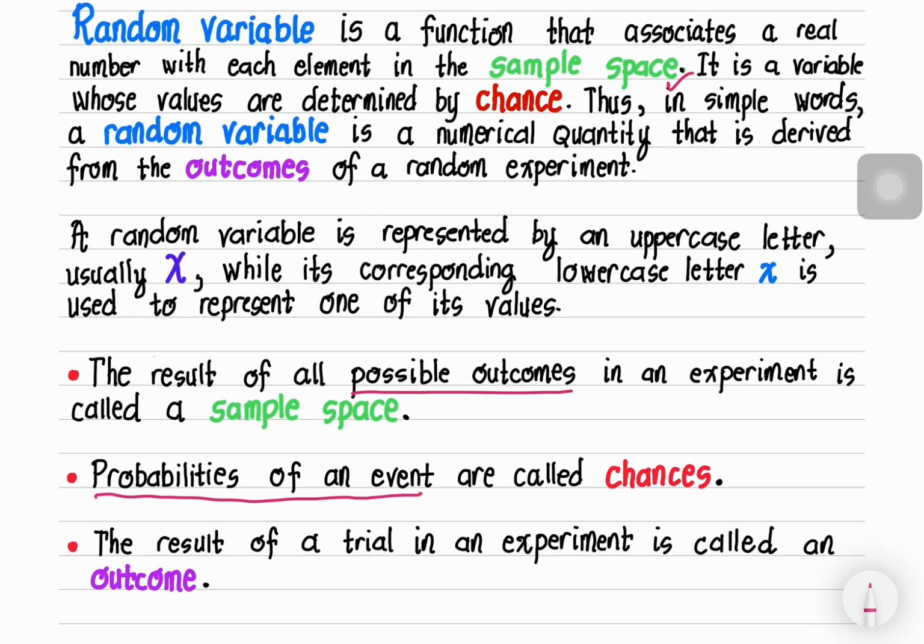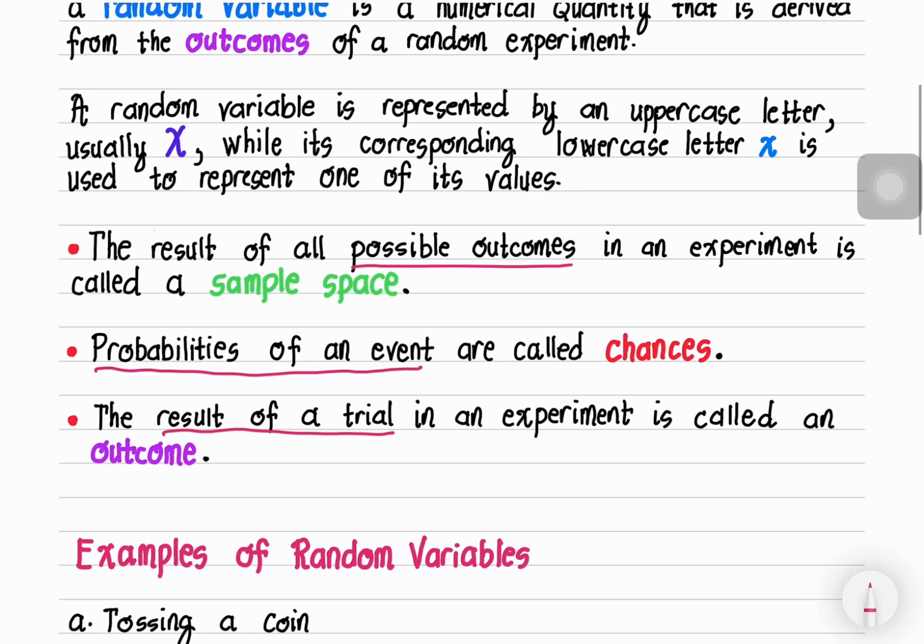So, in probability, when we do an activity that can be repeatedly done under similar conditions, we are actually doing an experiment. And then, the result of a trial in an experiment is called an outcome. So, result of a trial, ang tawag naman natin doon ay outcome. Okay?